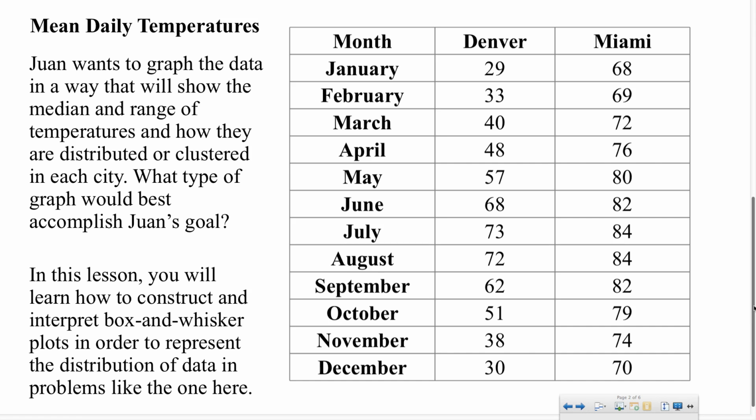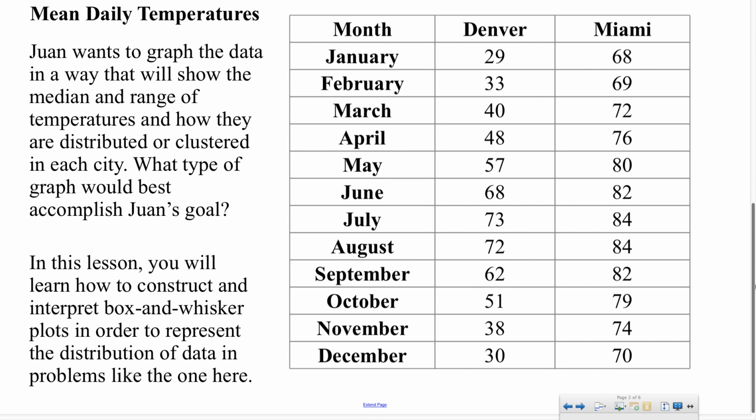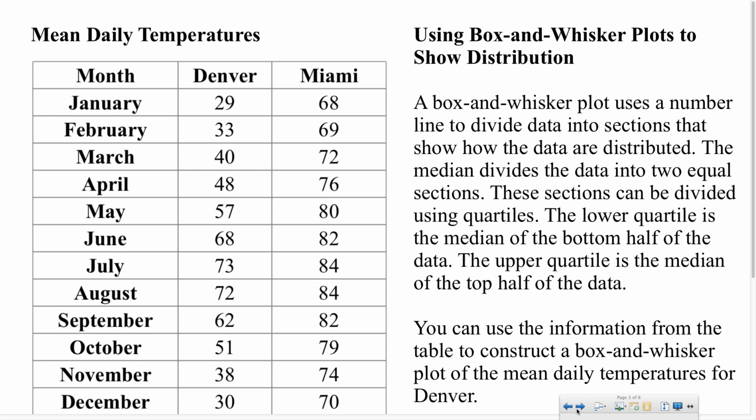Juan wants to create a graph of the data that's going to show the median and the range of the temperatures and how they're distributed, okay? The type of graph that accomplishes this goal is the type of graph we're going to review today, box and whisker plots, okay?